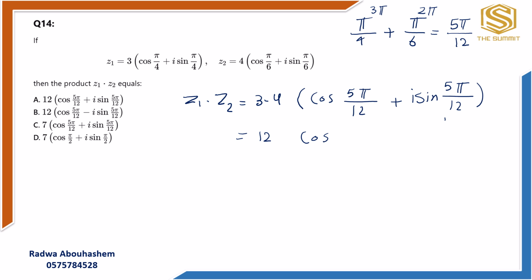So cosine 5 pi over 12 plus sine 5 pi over 12. Here's the answer. Again, if you are getting the product, you add the angles. If you are dividing, you subtract the angles.